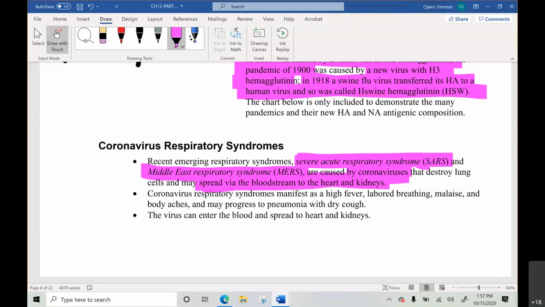These respiratory syndromes can cause high fever, dyspnea, which is difficulty breathing, body aches, and can progress to pneumonia and dry cough. That's why it can be serious.